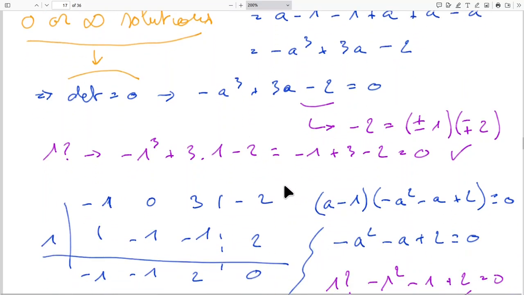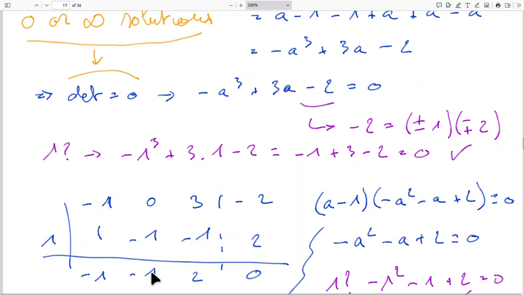Then you can use Horner to get the other coefficients. So minus 1, we have no a squared, so that's 0. Then we get 3, and then minus 2. We drop the minus 1. We write the 1 here because we know it's divisible by 1. So 1 times minus 1 is minus 1.